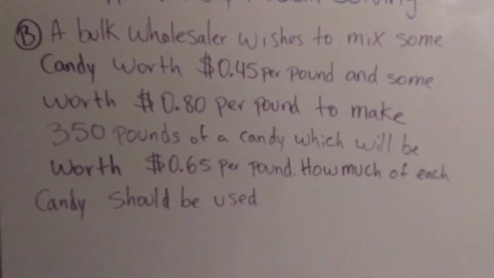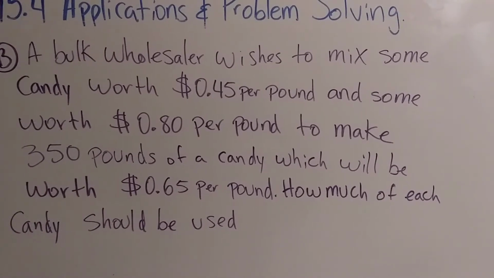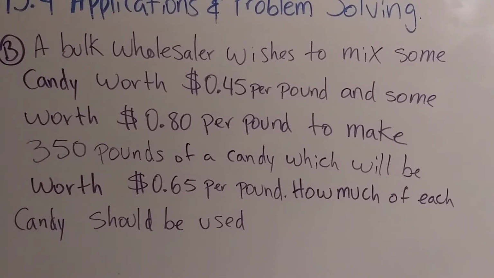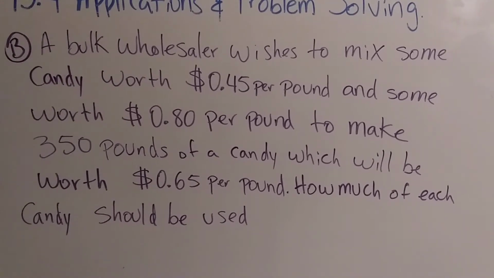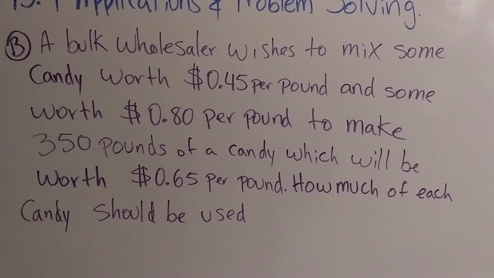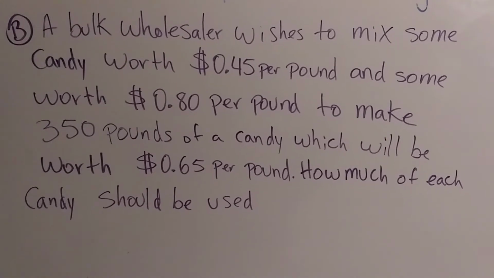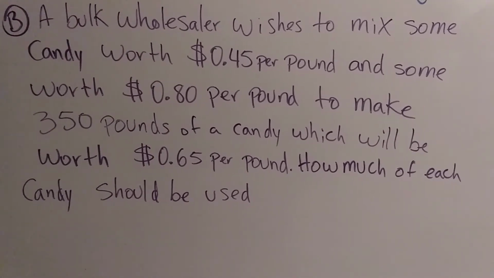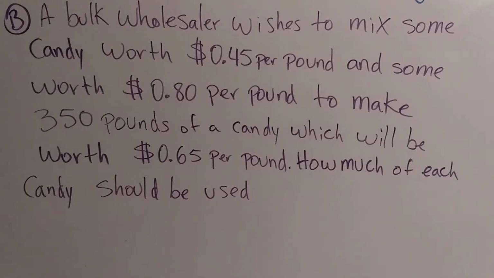Okay, so here we have a second example of the same application of problem solving. So we have a bulk wholesaler who wishes to mix a type of candy that's worth 45 cents a pound and a second type of candy that's worth 80 cents a pound to make 350 pounds of a candy that will be resold at 65 cents a pound.